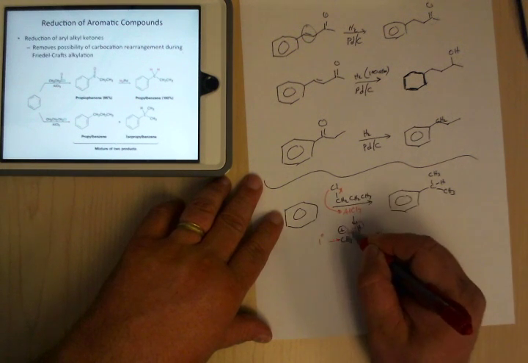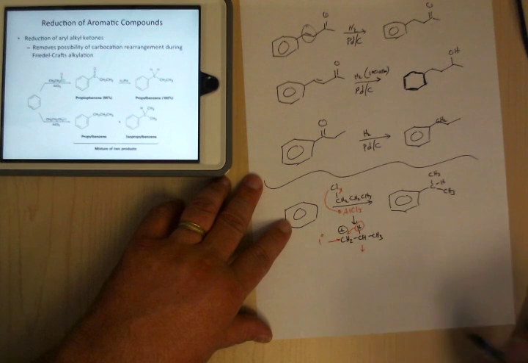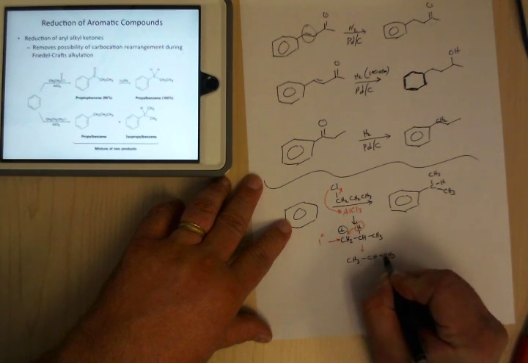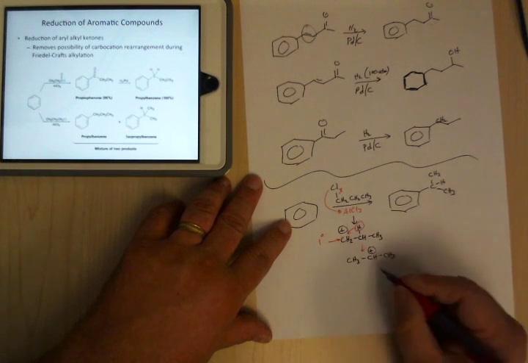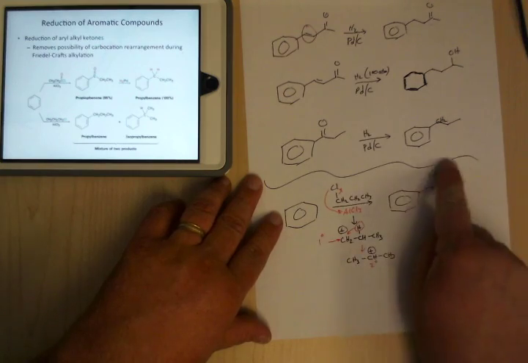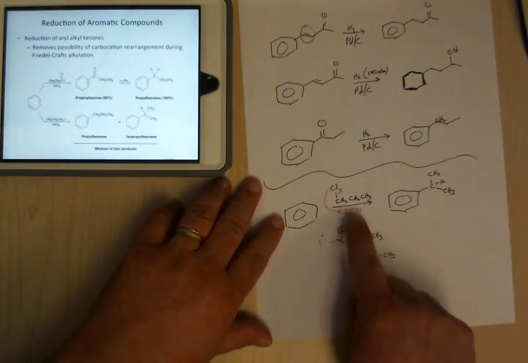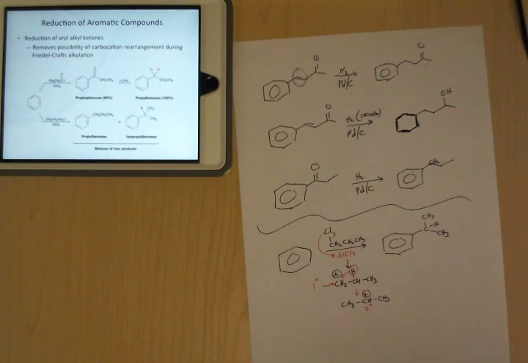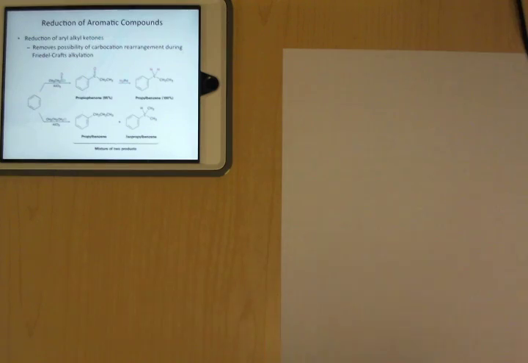So what it does is it shifts over here to form this. That's secondary. That's much better. So you're going to see this. So if you want to make the compound with a straight chain, instead of doing that, you have to come in and do a slightly different route to avoid this.